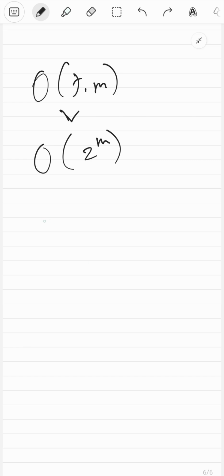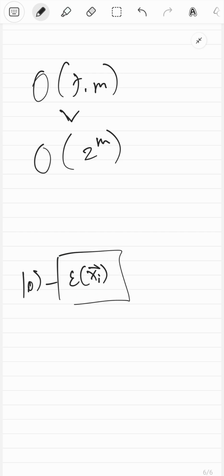So what we'll do is, you have some zero ket, some m-bit register, you pass it through a bunch of gates, which combined we'll call epsilon of xi vector, right? Cool. Then you pass this through something else, some sort of a model.